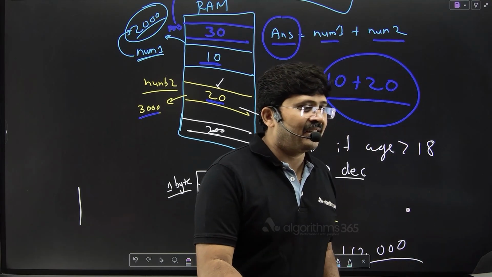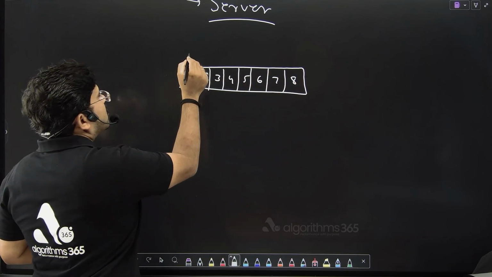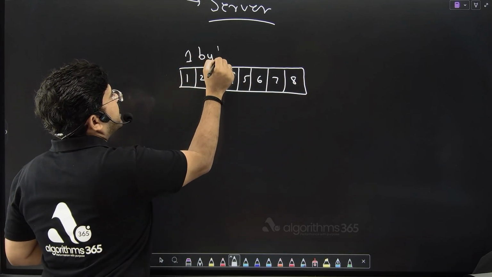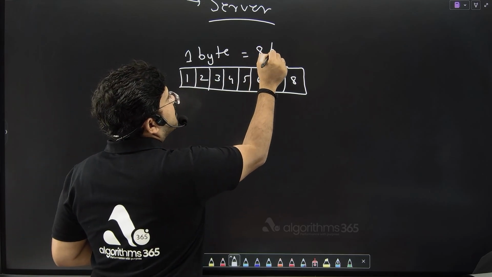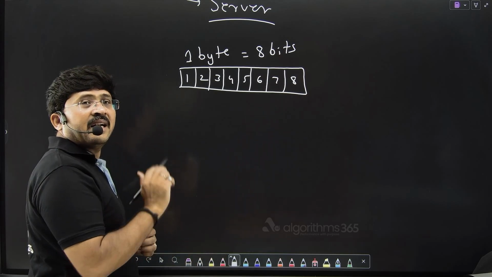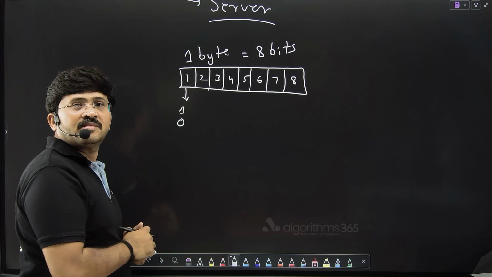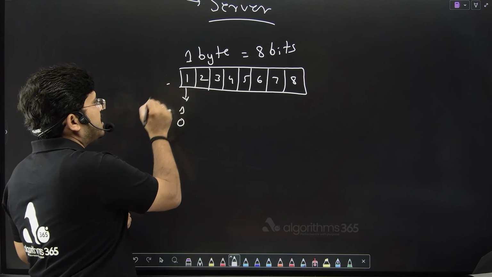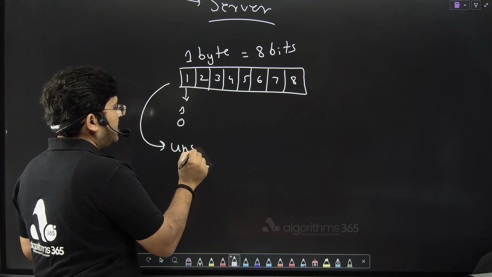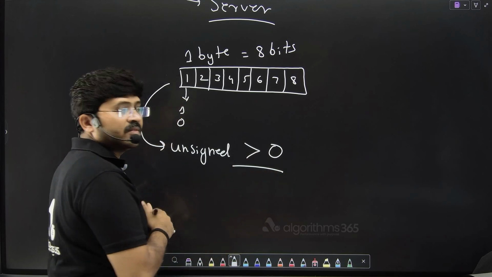I am sure you all remember this, but I would like to refresh your memory. So this is 1 byte, which equals 8 bits. And in each bit, you can store either 1 or 0. Okay. And if this is unsigned, it means you can only store values of 0 or greater.